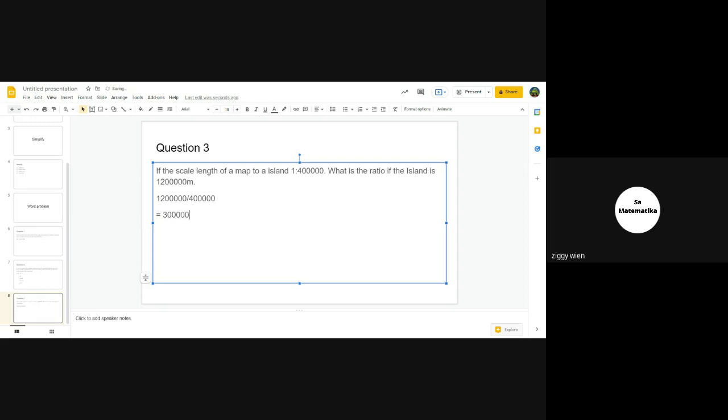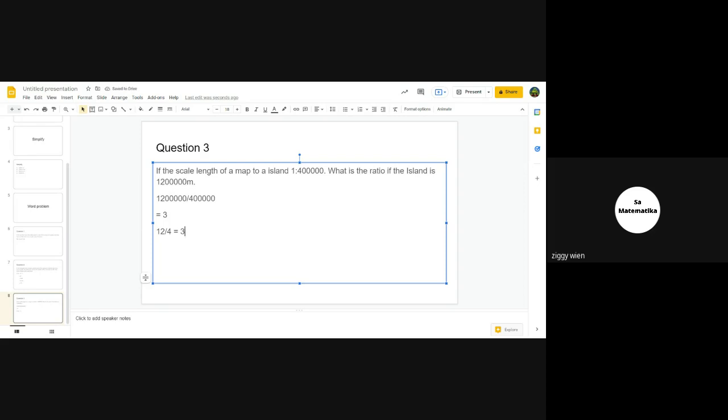Okay, wait, it's not 300,000. It's 3, right? The trick is to take 1,200,000 and 400,000, and we just delete the zeros first, and we can already find out how much it is, which is 3.